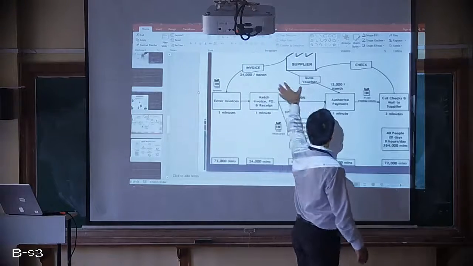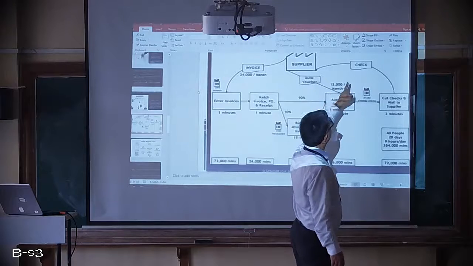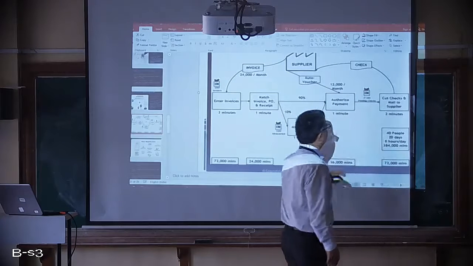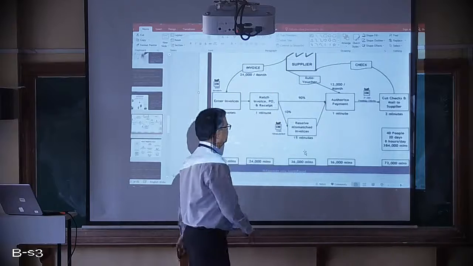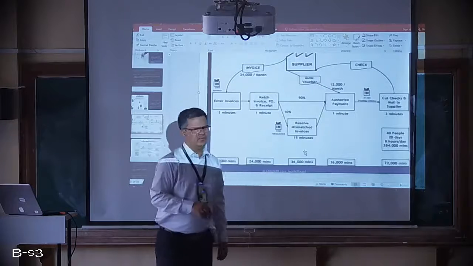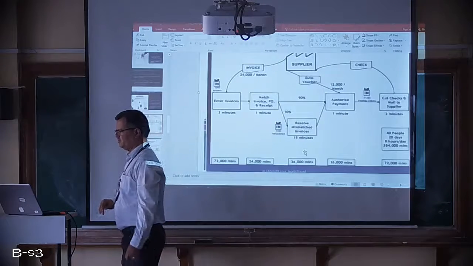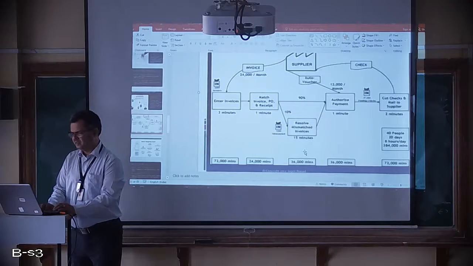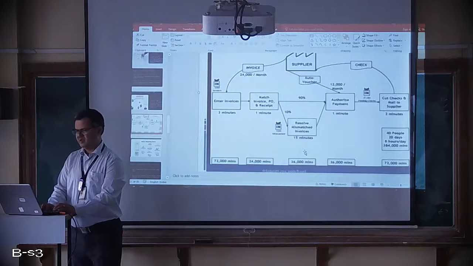Then you check it once again, cut checks and mail to the supplier, which takes 2 minutes. These are the typical ways of showing the process flow and the time involved in performing each activity.